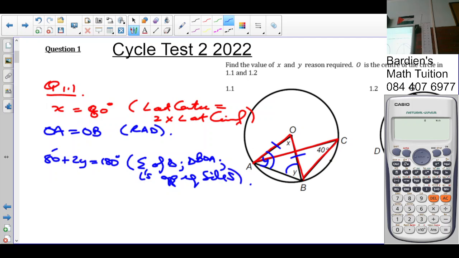So you take 80 over: 180 minus 80 is 100, divided by 2 is 50. Y is 50 degrees.